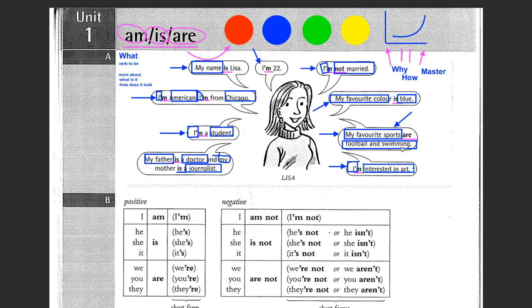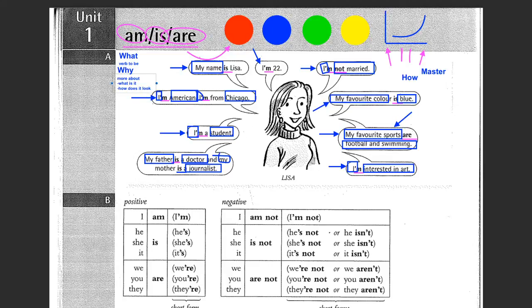And from these few sentences, they're telling you a very important reason for using is, am, are: telling you more about what the person is, or how she looks, or even a status, the favorite colors, the sport she likes, the hobby she likes, more about a person's job, and where she comes from.